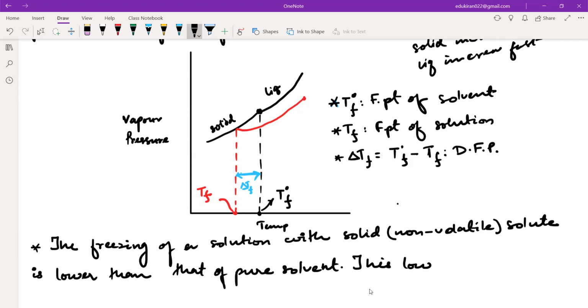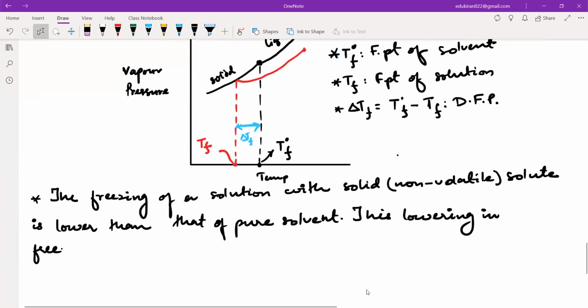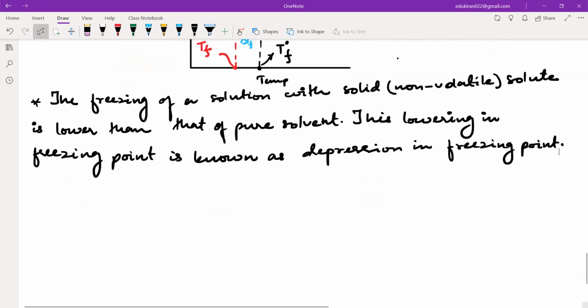This lowering in freezing point is known as depression in freezing point.